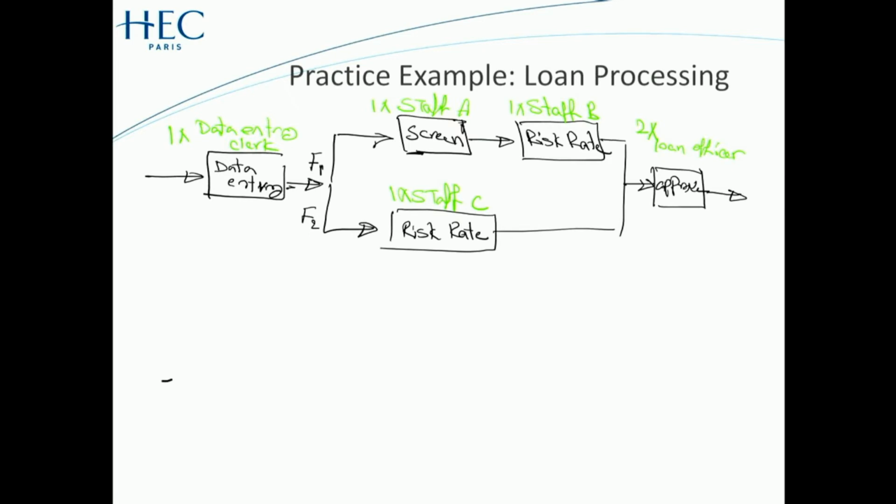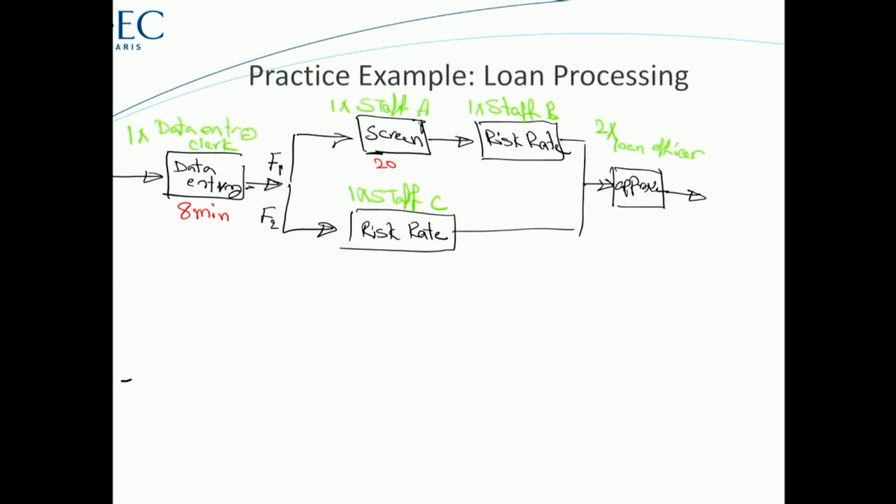The next thing that we want to put on the process flow diagram is how long it takes each of the resources to do the process for each application. For the data entry clerk, it's going to take 8 minutes. For Staff A to screen Forms 1, it's going to take 20 minutes.